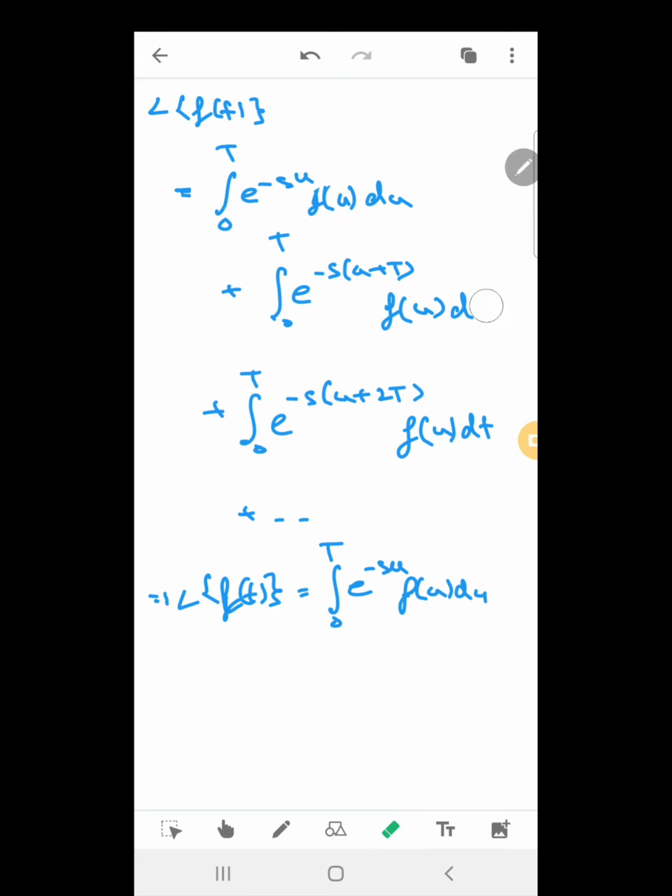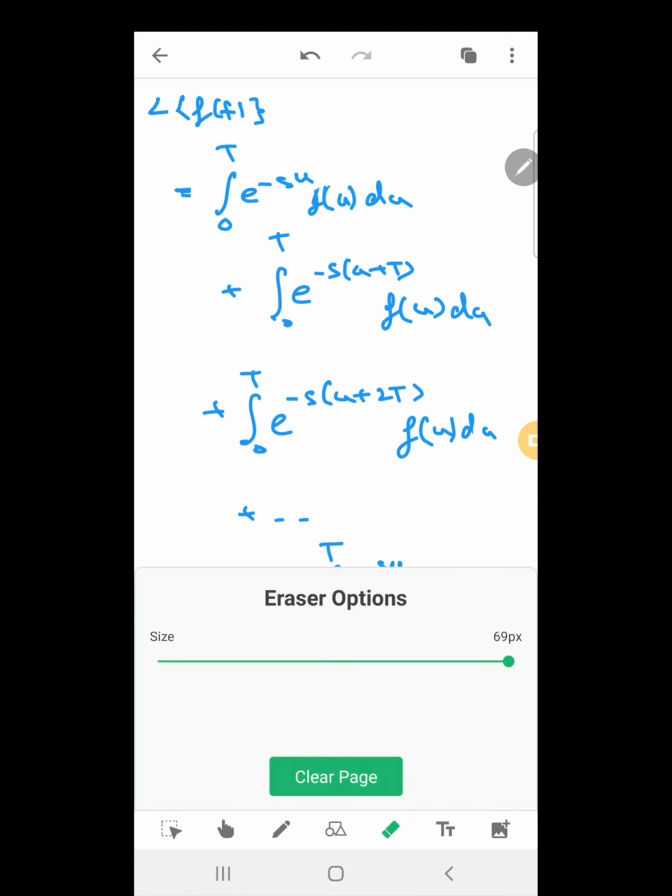I have made a mistake here. This won't be dt, this will be du. I'm sorry. And we can take this common outside, and then we will have e to the power: in the first one we will have 1, in the next one e to the power minus s capital T, plus e to the power minus s 2T, and so on. Clear? This much is clear. I'm rubbing this portion.